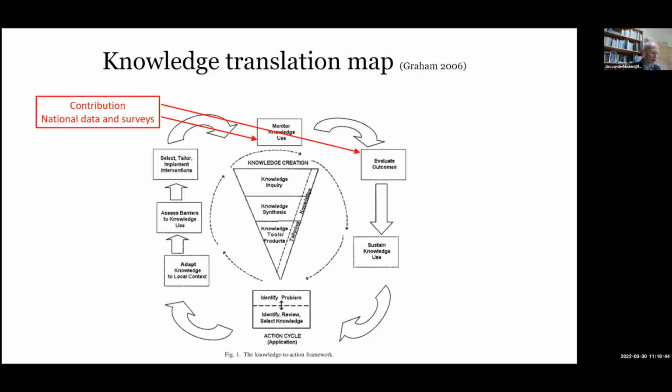I work at the London School of Hygiene and Tropical Medicine. And my background, my discipline, is healthcare performance assessment using epidemiological methods.